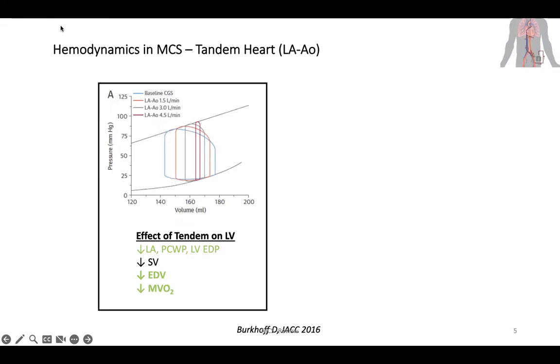Now, if we consider another type of support, meaning the TandemHeart. In this setting, the blood comes from the left atrium through a transseptal cannula, goes through the pump and is reinjected in the periphery, in the femoral artery or whatever peripheral artery.